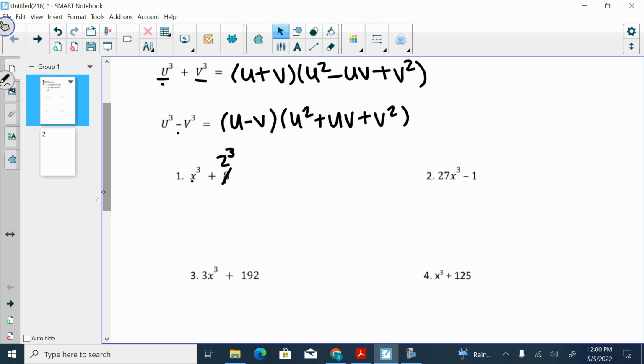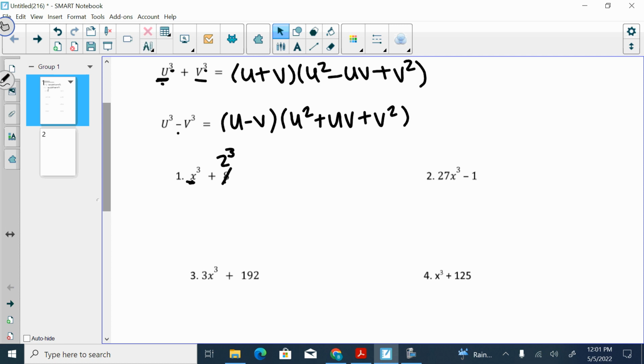So this is just rewriting the 8. That's all we've done. It still is equivalent. We just rewrote it so that it would match our formula, because our formula says both of the things here have to have a 3 as an exponent. Now I'm going to identify what the u and the v are. u is supposed to be the first term.